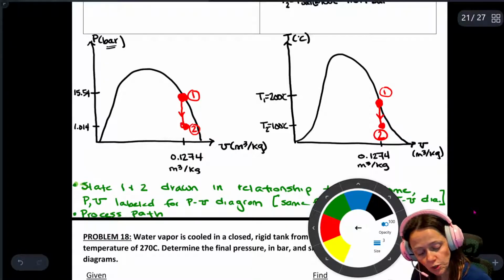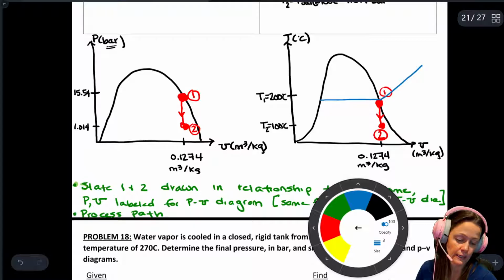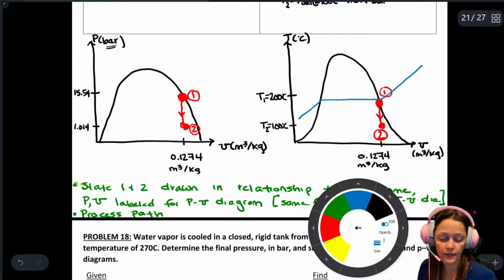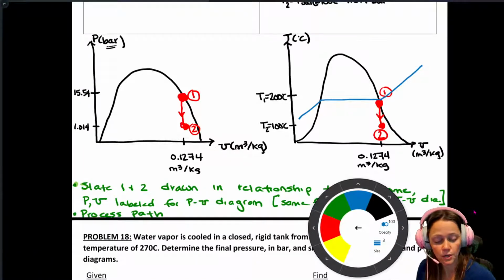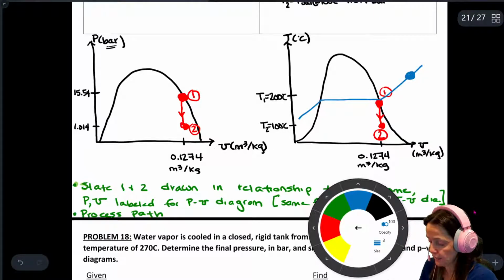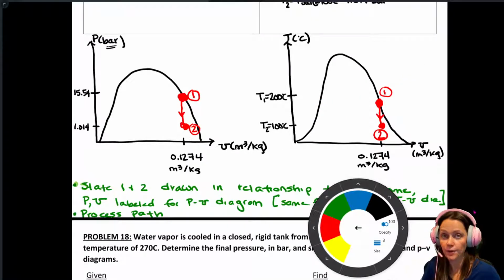So maybe you started out on state 1, but it's a constant pressure process to some other state 2. Well, it's got to be along that line of constant pressure. So maybe it was a constant pressure to 300 degrees. State 2 would be right here. So just make sure that your process path is correct. Is it a constant volume, constant temperature, or constant pressure process?